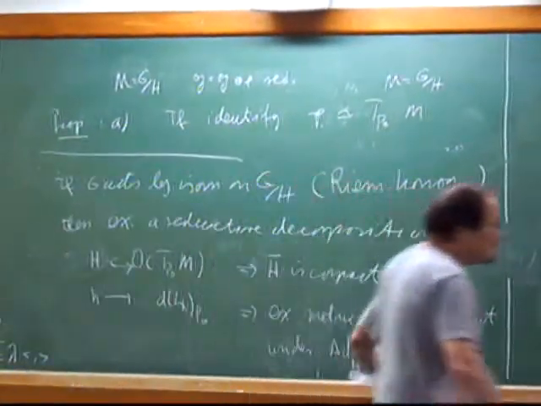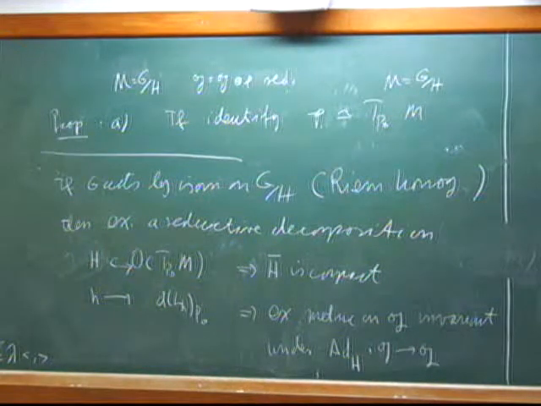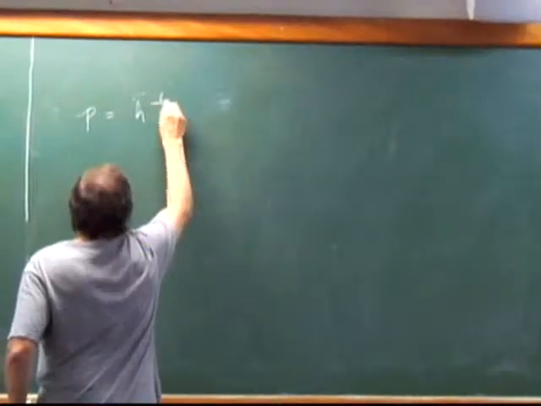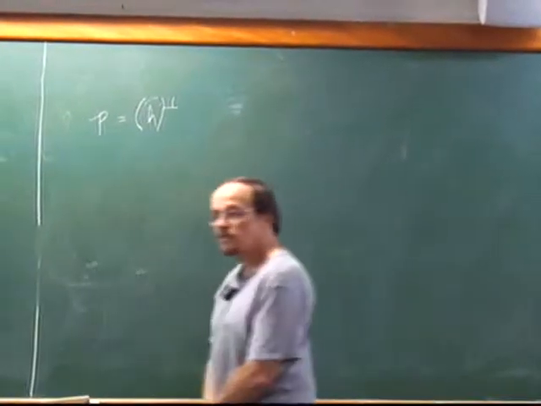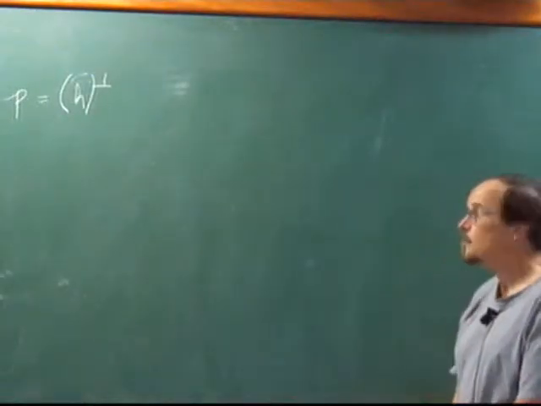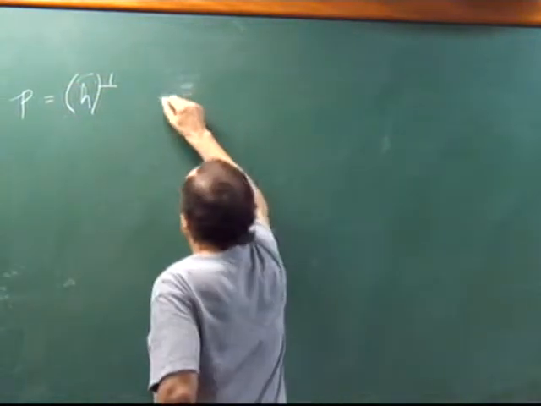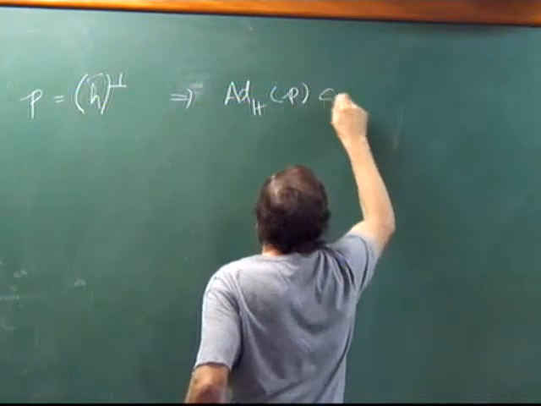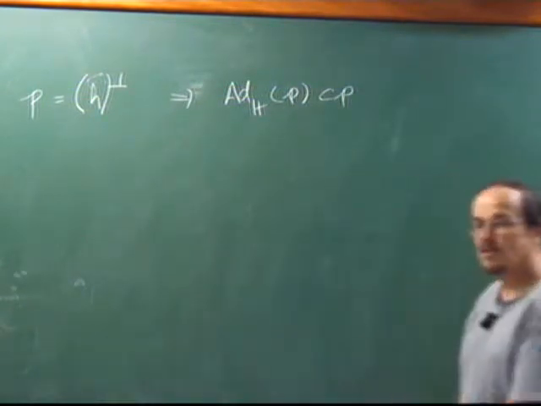So once I have that, then we want to define P. Now I can just choose as P the orthogonal complement of H with respect to this Ad H invariant inner product. Because this now implies that Ad H takes P to P, because Ad H acts by symmetries.